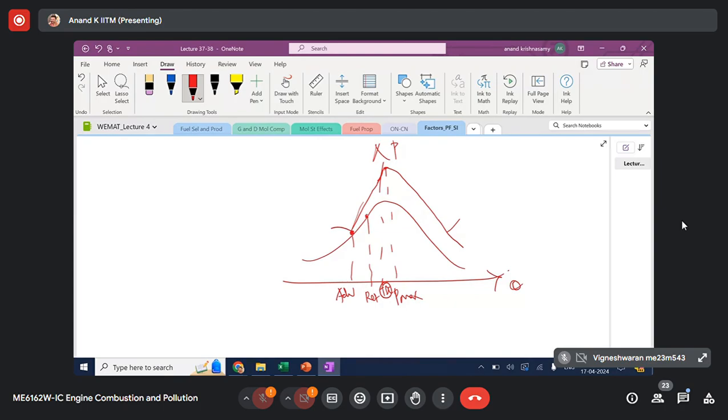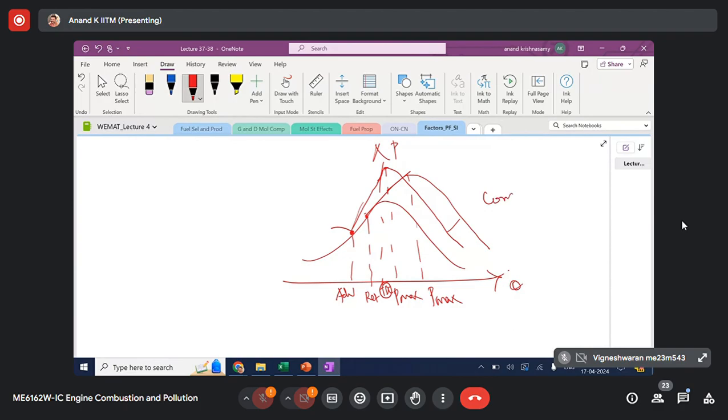When you delay, you can see that the slope itself will be different. The slope is somewhat flat if you delay, and the pressure rise will be slower, and then you will have something like this. You can see that there is a drop in Pmax value when you are retarding the timing. This is what we mean by combustion phasing.